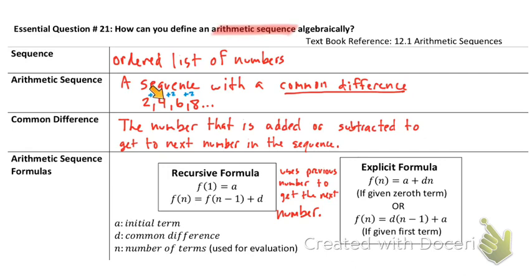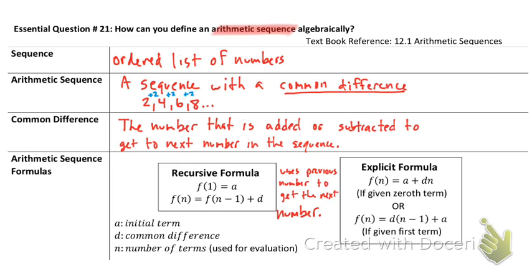So I would use 4 in this formula. I'll show you how to use it in a bit. I would use 4 to get 6. Without the number before 6, I would not be able to figure out the next number. Or another example is I would need 6 in order to get the next number, which would be 8. Okay? In order to get the next number after 8, I would have to know that this number was 8.